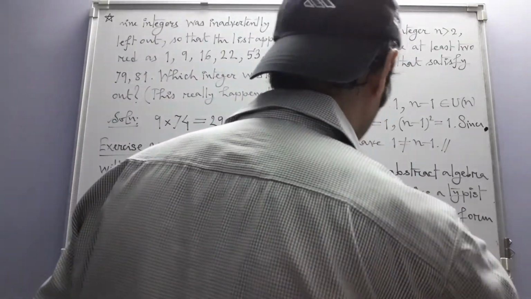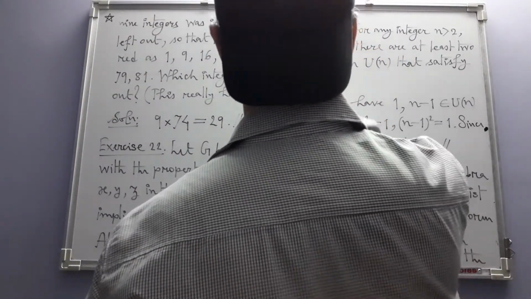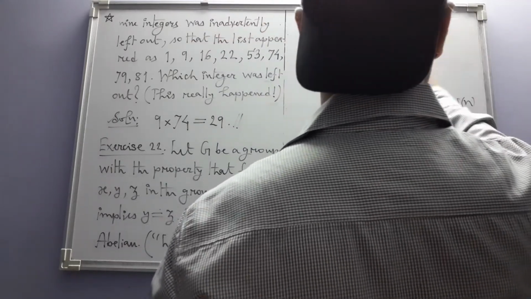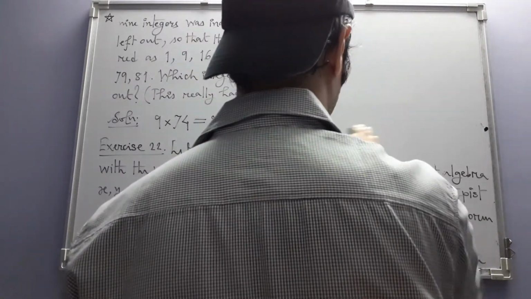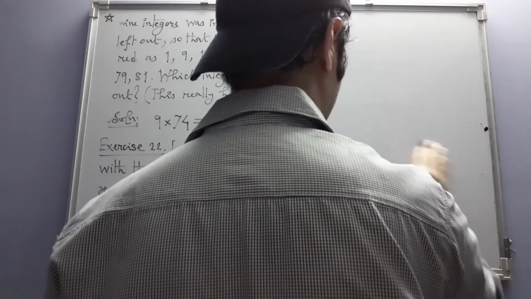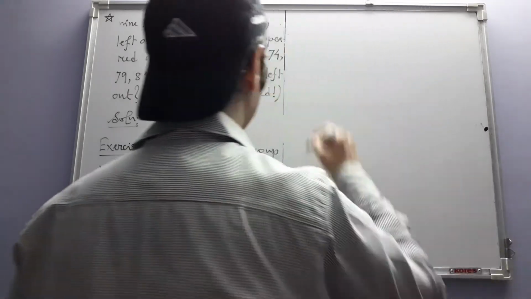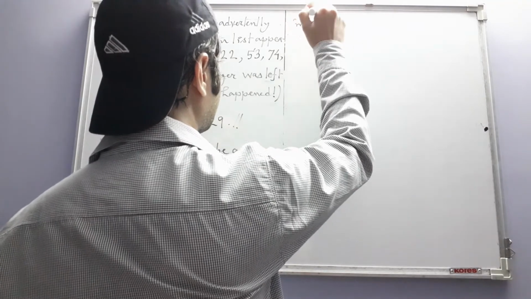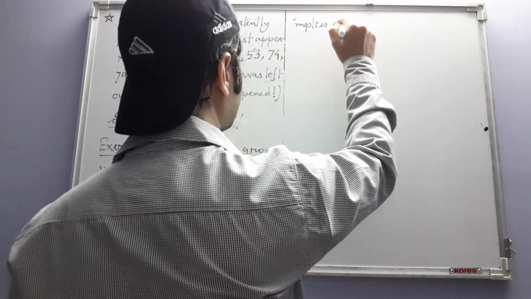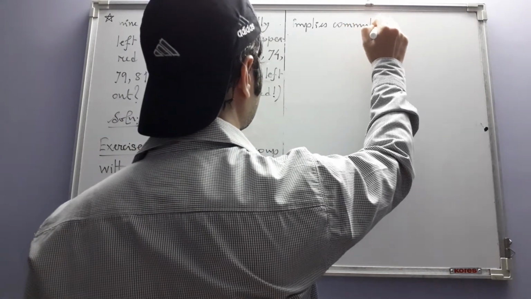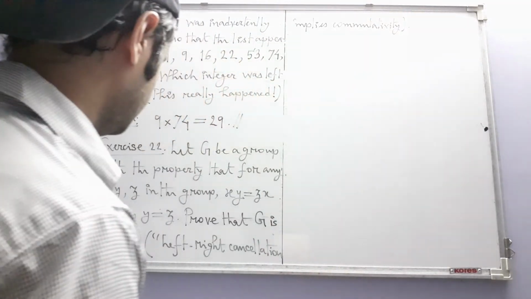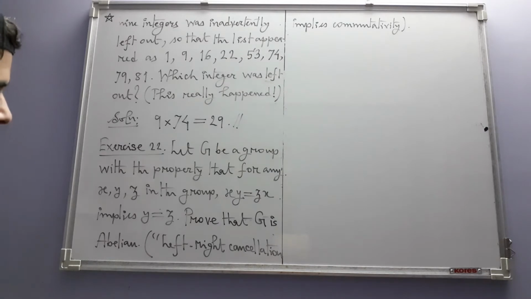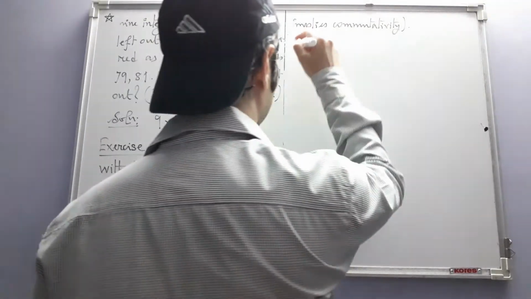Left-right cancellation implies commutativity. Okay, so if this is true for any triad of three elements, then G must be abelian.